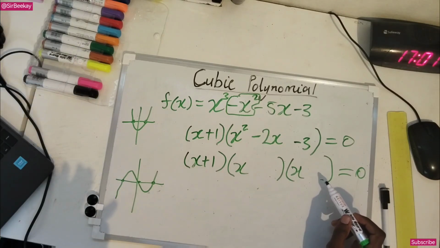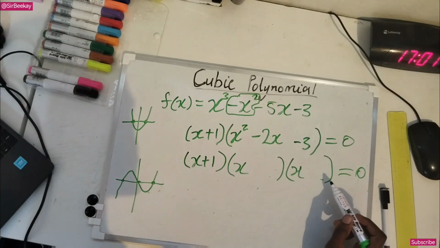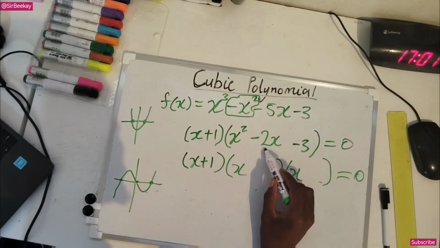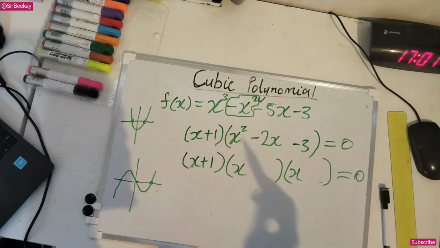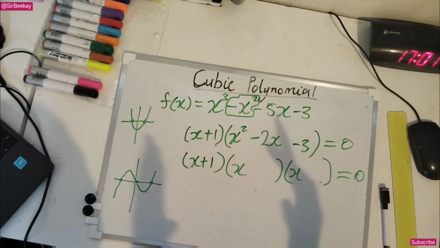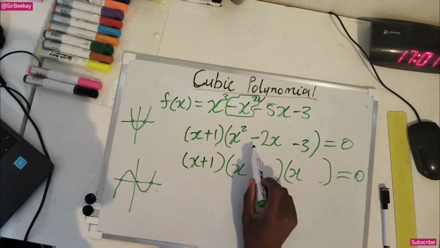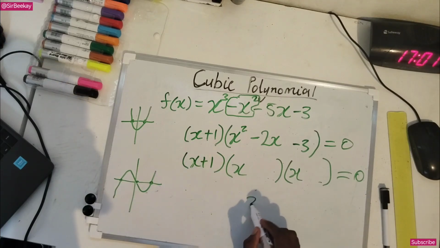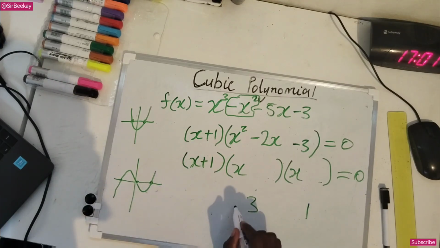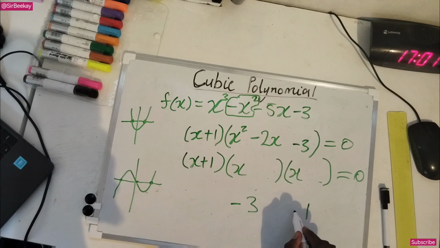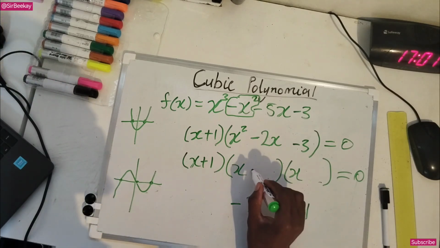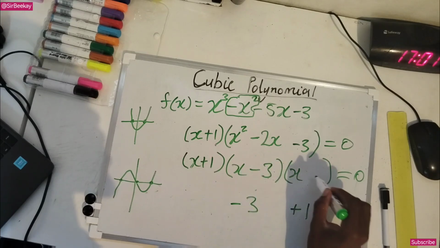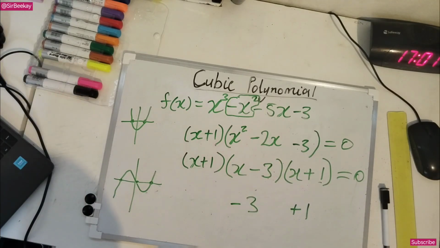But if I subtract these numbers, they should give me a negative 2. It is still a 1 and a 3. But remember, the bigger number will take the negative sign, meaning that the 3 will take the negative sign. Hence, the 1 will take the positive sign. So it's minus 3 plus 1.